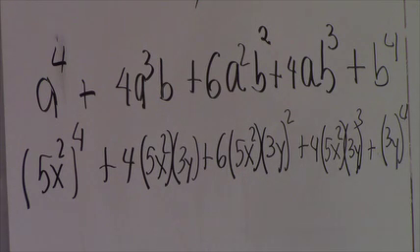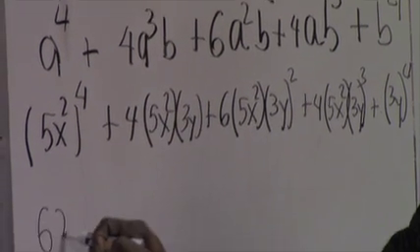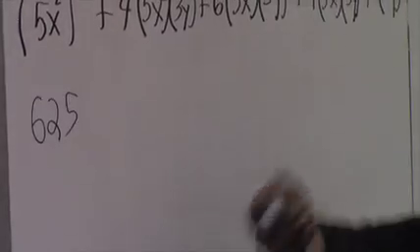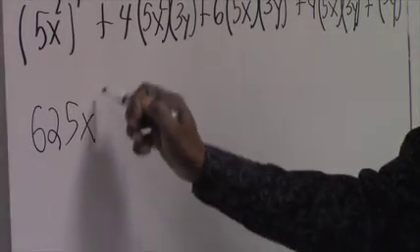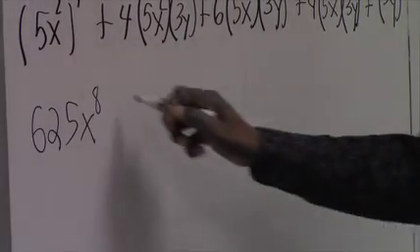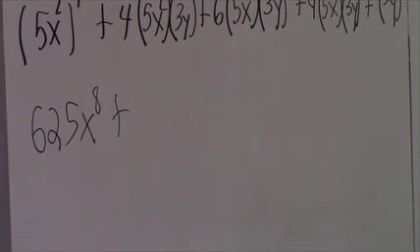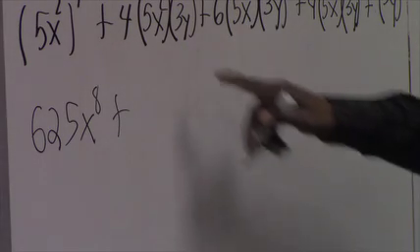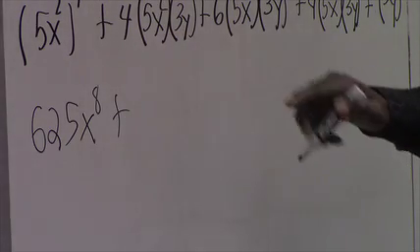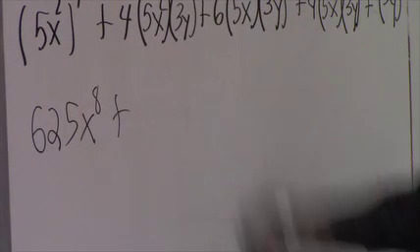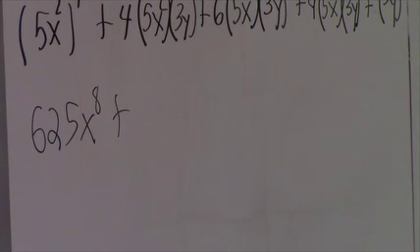Let's do some computation here quickly. 5 to the fourth power is going to be 625, because that's 5 to the fourth, and then x to the 8th. Plus, let's see how we can do this quickly. 5x squared, I forgot to put the cube over here. So that's going to be 5 cubed, 125, times 4.